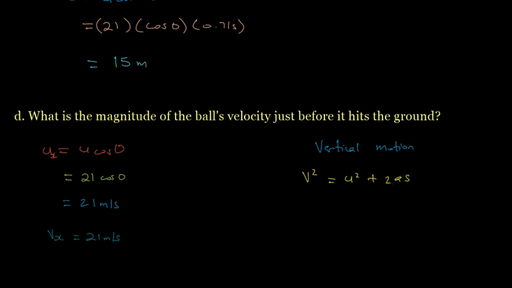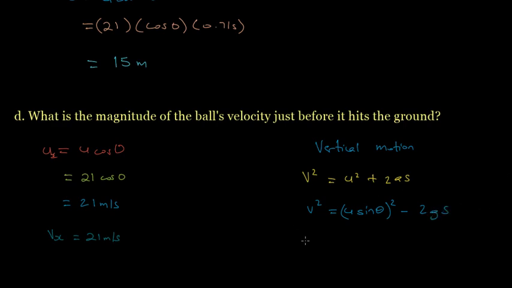In this case, v squared is equal to u squared, where u squared is (u sin theta) squared, and our acceleration is due to gravity, so we have minus 2gs. Let me just substitute the values now.